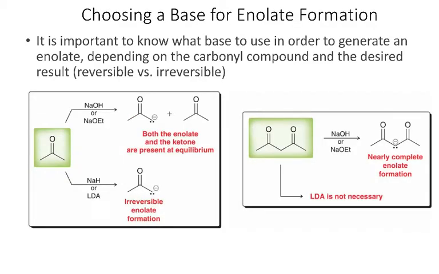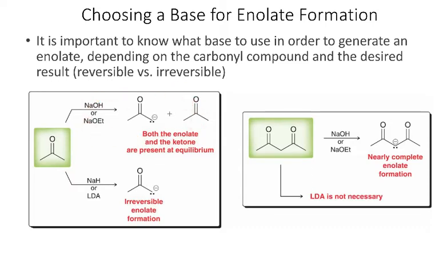To summarize, it is important to know what base to use in order to generate the desired result. If I use a weaker base, like sodium hydroxide or sodium ethoxide, and I treat most ordinary aldehydes and ketones, I'm going to form both the enolate and the ketone at equilibrium. Sometimes this is desirable, and so we may want to do this.